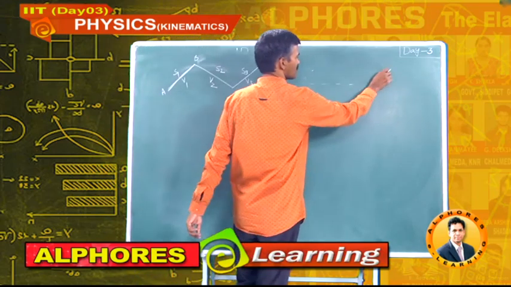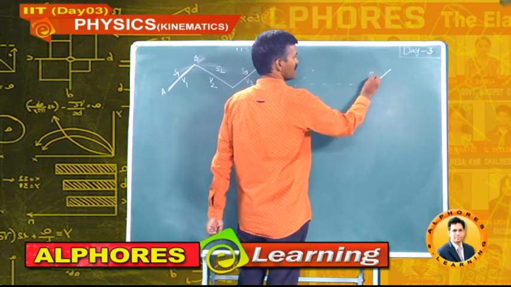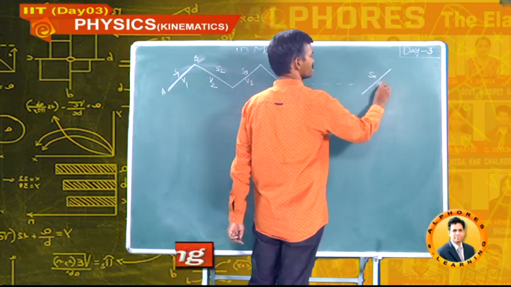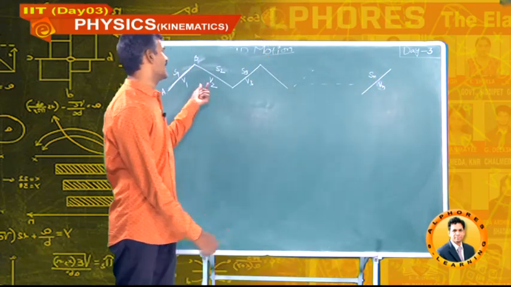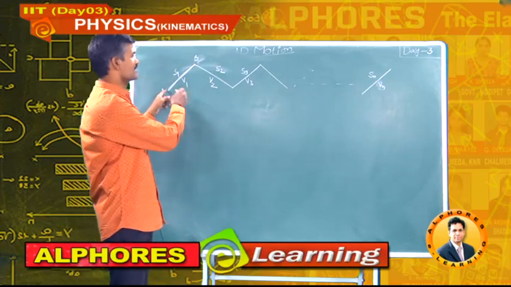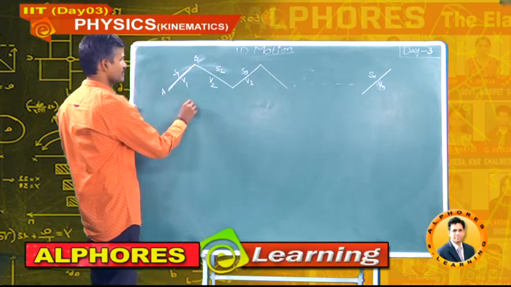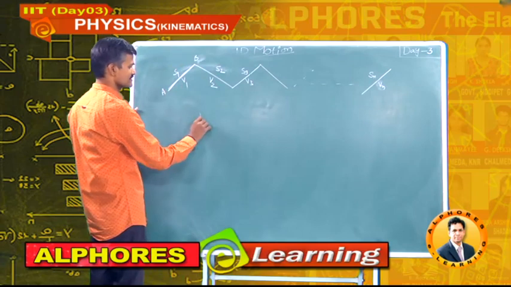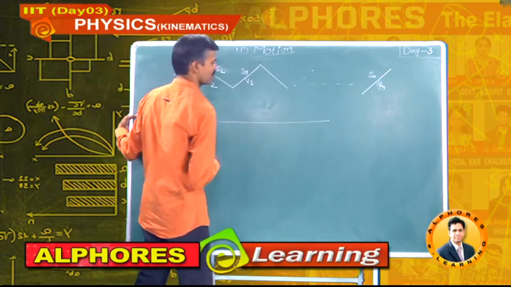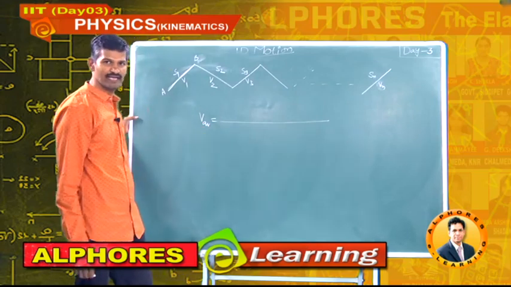Like this it covers the last Sn distance with Vn speed. How to calculate the average speed for this journey of the particle? We know that average speed is total distance travelled by the body by total time taken.